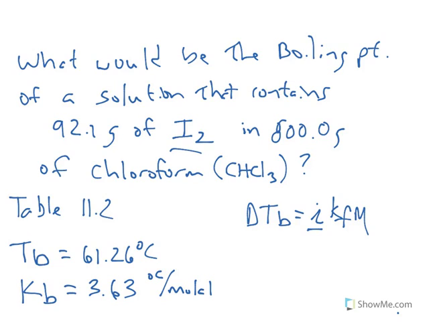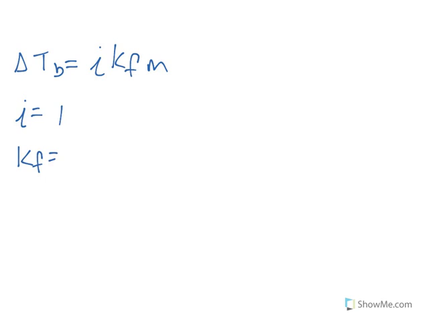So iodine is molecular, so i will be equal to 1. So I'm going to rewrite the equation here. So i equals 1. Kb, we looked up in our table. That was equal to 3.63 degrees C per molal.